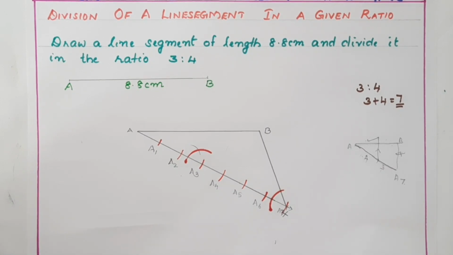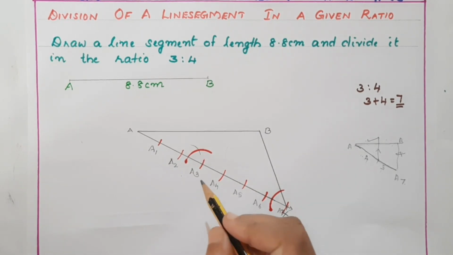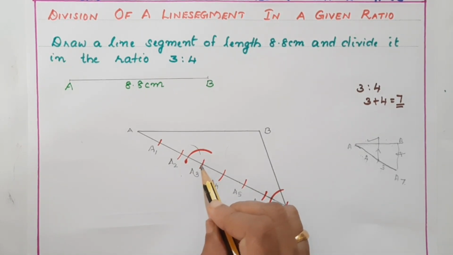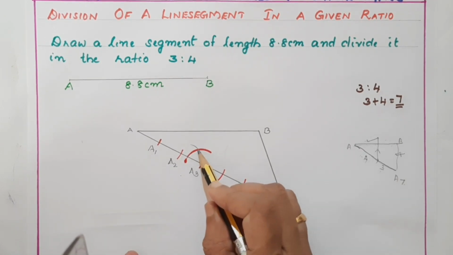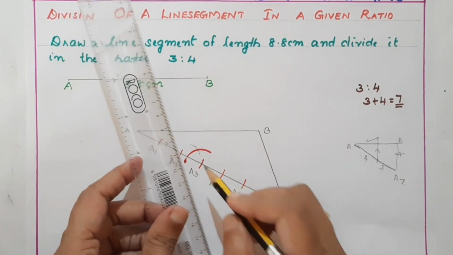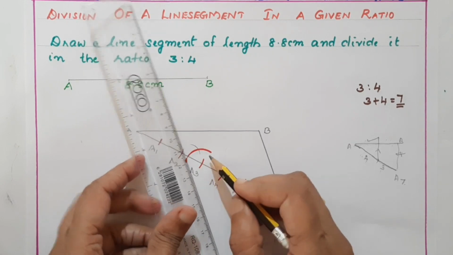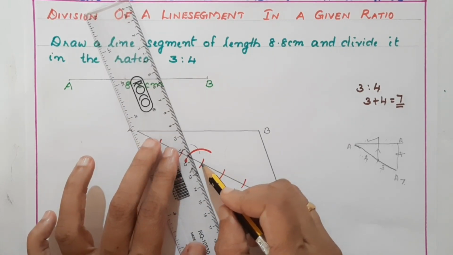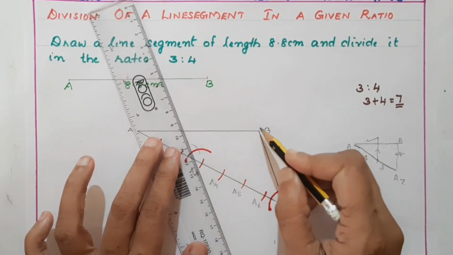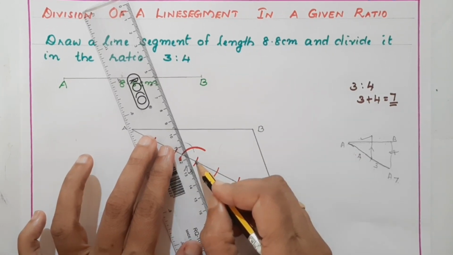Okay children, now we have to join. Our point is A3. This A3 and this point of intersection, through these 2 points we have to draw a line. That line will be parallel to this BA7.